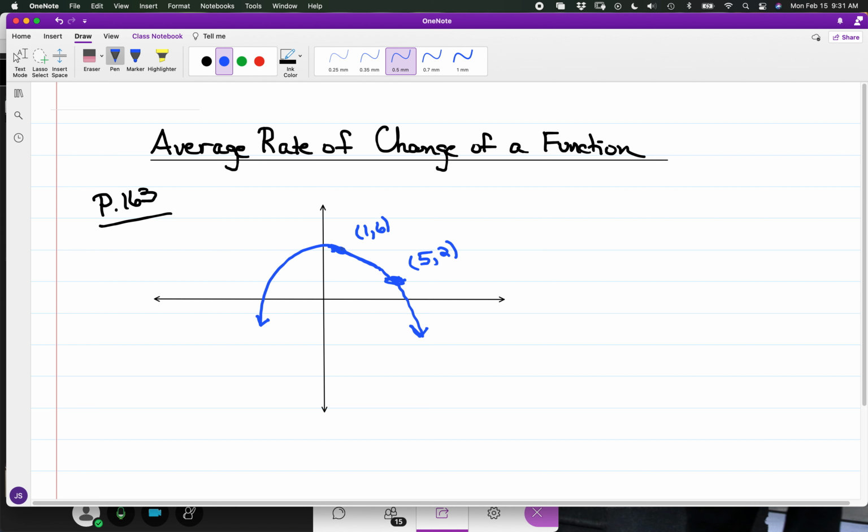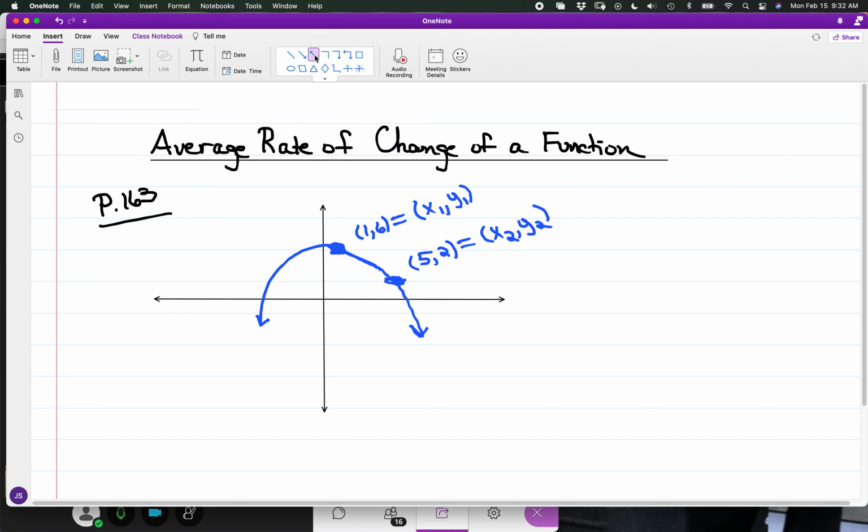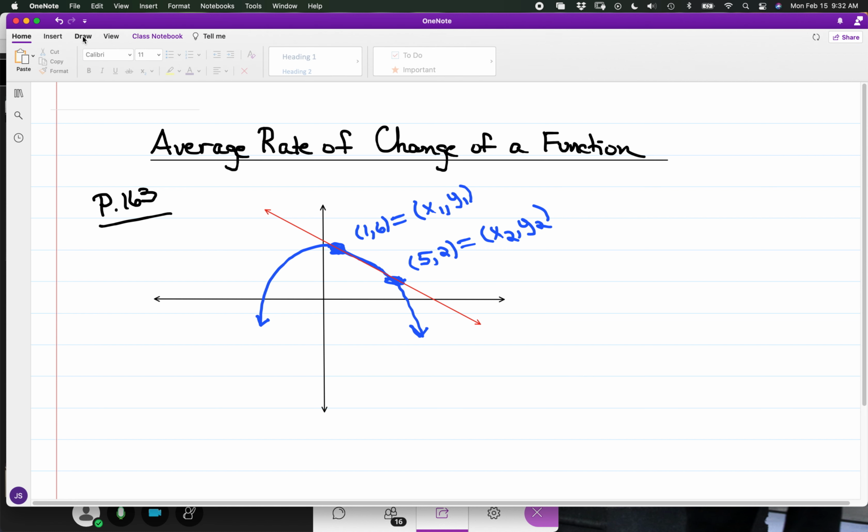Again, I'm not drawing this perfectly to scale by any stretch, but through the points 1, 6 and 5, 2, we have 1, 6 as the first set of x and y values, and 5, 2 will be the second set. Going through these two points is what is referred to as a secant line, going through these two particular points of interest.